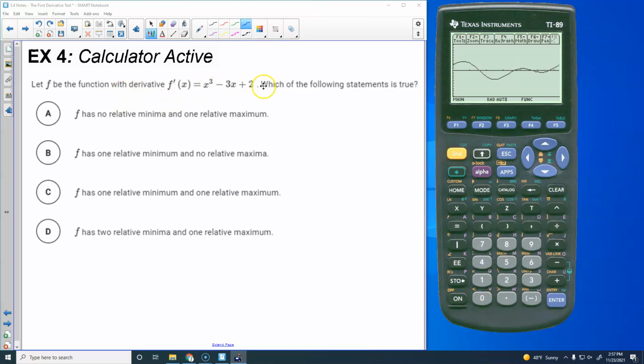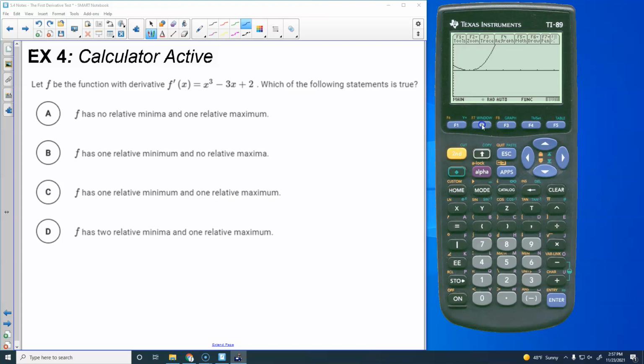This is not the original function. It is the derivative. So when you type it into your y equals on your calculator, this is the derivative. And we can graph it.